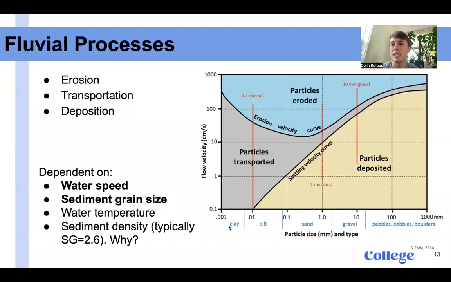Fine clays, really fine particulates, are going to be transported with any amount of flowing water, and they'll just keep moving and transporting along the way. So it's easier to move lighter material, and so it's going to be easier to move smaller particle sizes at the same flow velocity.